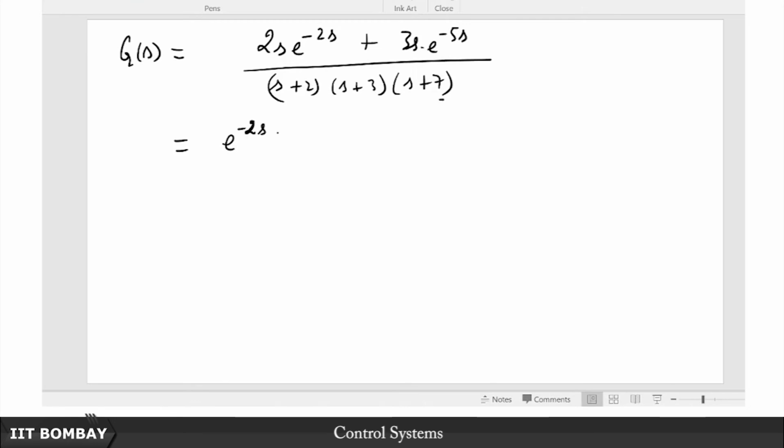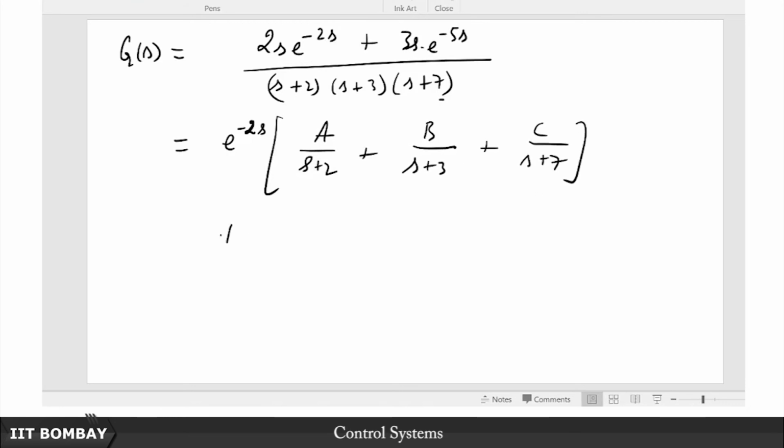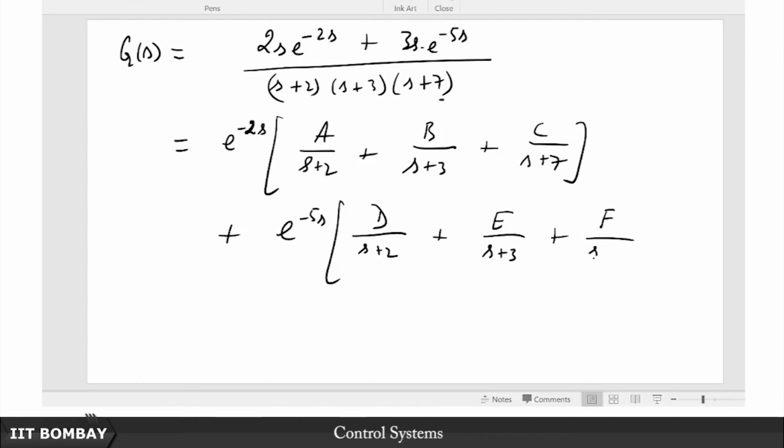So you club together all terms related to e to the minus 2s and you expand them as a over s plus 2 plus b over s plus 3 plus c over s plus 7 plus e to the minus 5s upon d over s plus 2 plus e over s plus 3 plus f over s plus 7.